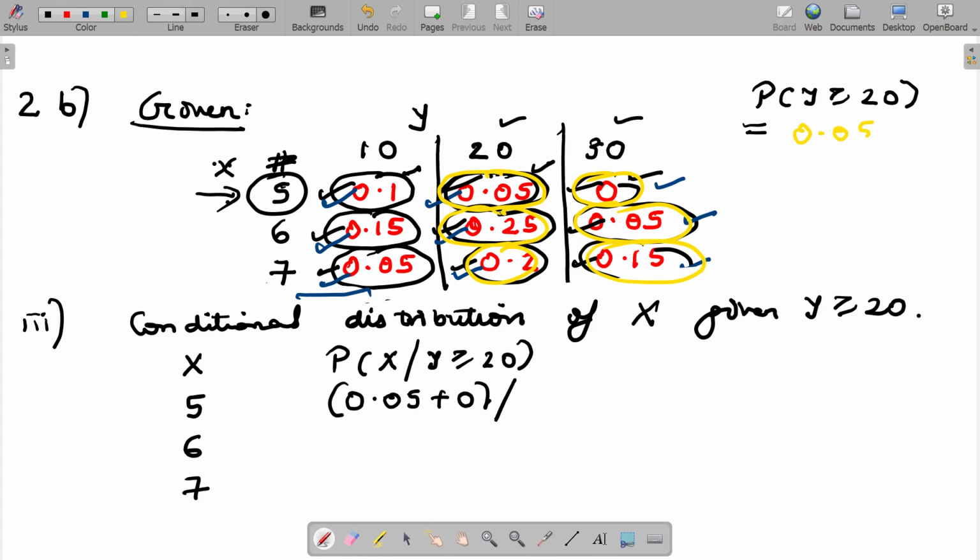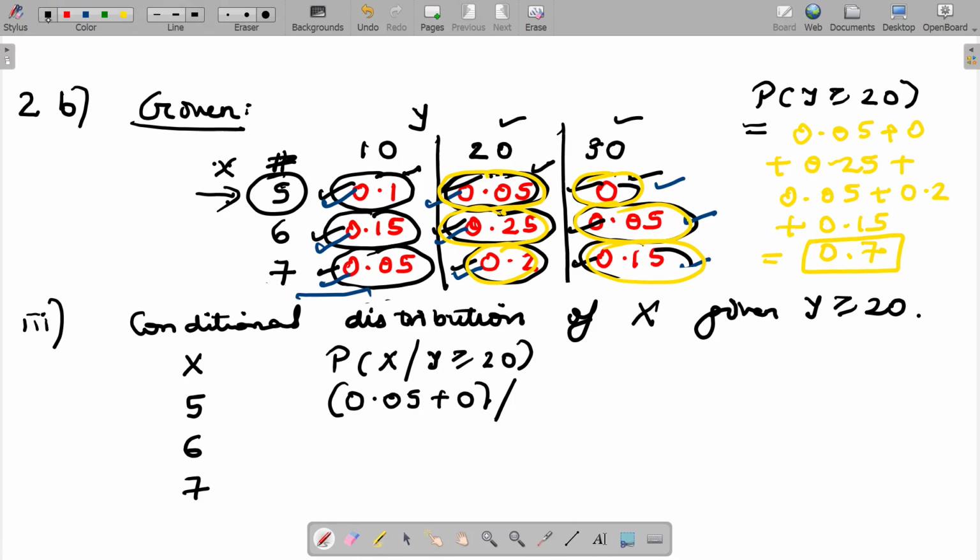So 0.05 plus 0 plus 0.25 plus 0.05 plus 0.2 plus 0.15. If you add all of them, use your calculator, it comes out as 0.7. That means 0.7 is the probability of y taking the value greater than or equal to 20.